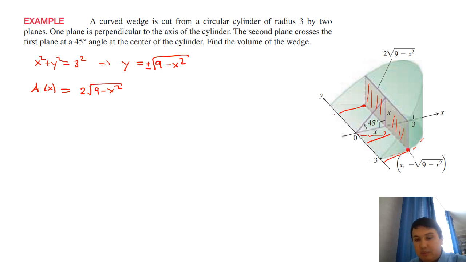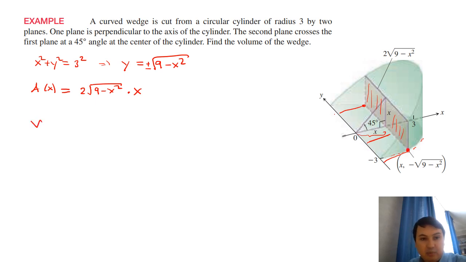So that's the width, and then it is multiplied by the height of this rectangle, which is x. Okay, so this is just an area. And then we have the thickening. How are we thickening? Well, we're cutting along the x-axis, so the thickening is going to happen in the x direction. So it's going to be delta x.